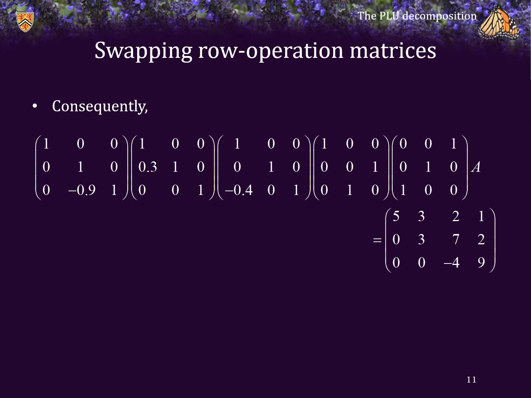Consequently, we have that A is row equivalent to the matrix on the right, where the first 2 row operations we applied are row swaps, and then the subsequent 3 are adding multiples of one row onto another.